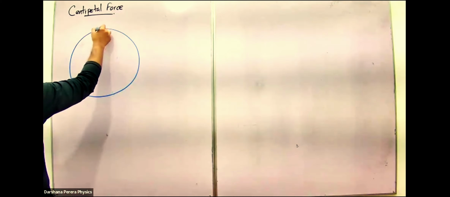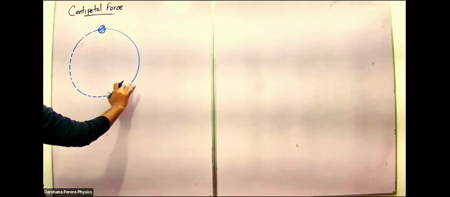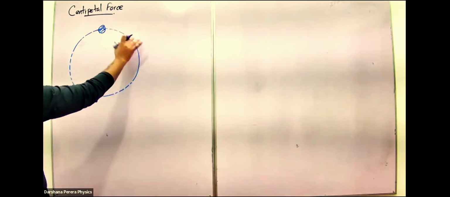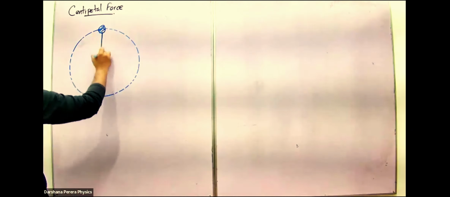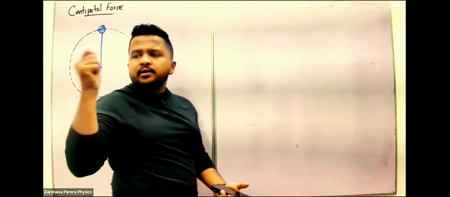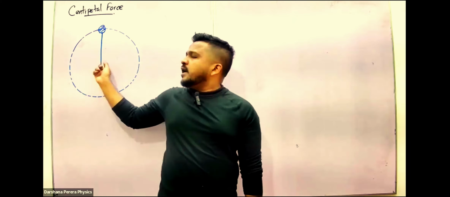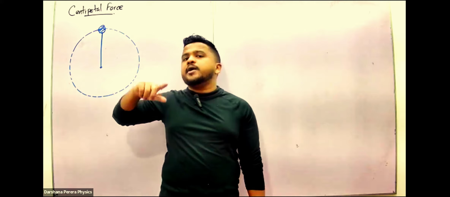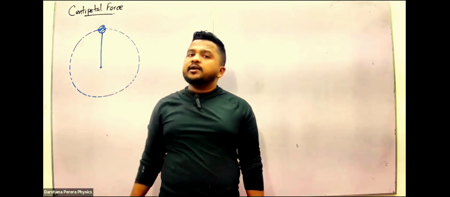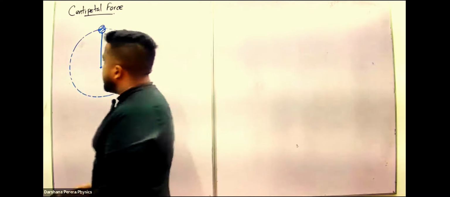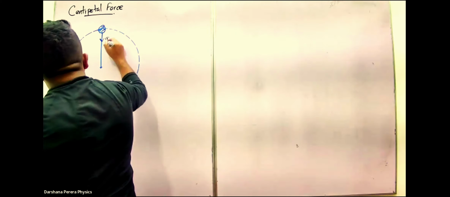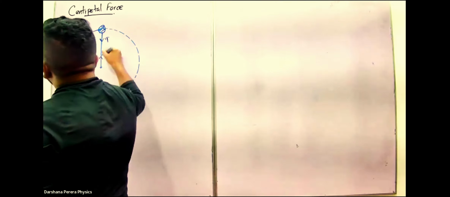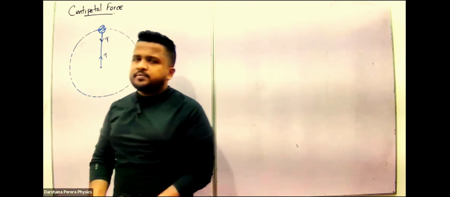When we connect the object with a string and rotate it, the centripetal force is provided by the tension of the string. It is applied externally. The tension is the external force. This is the centripetal force.